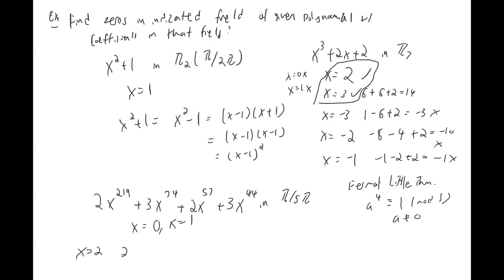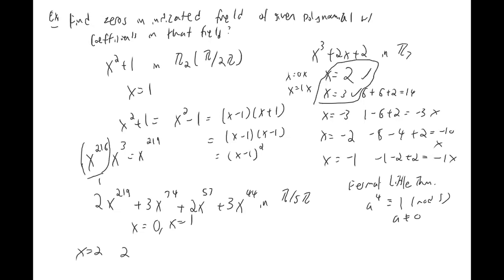How many times does 4 go into 219? What remainder do you get? I think 216 is divisible by 4, right? So does everyone agree that I could write 219 as this, and then this is just 1, right?